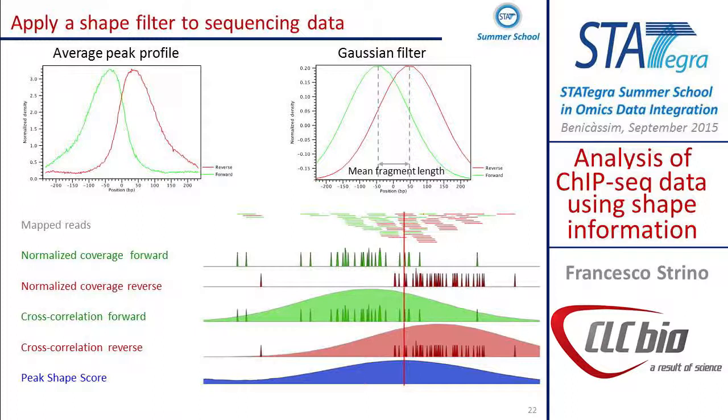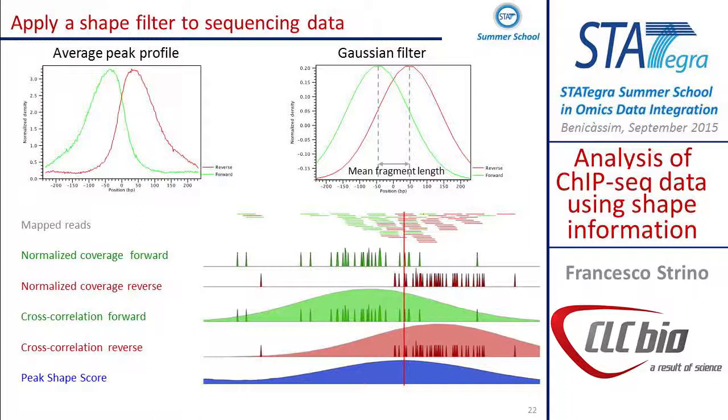You just see how wide it is. And the way you apply it is basically the cross correlation thing that we were looking at from before. So you take all the reads, you look at the starting position. If the read is mapping forward, then you have a little spike in green. If it's mapping in the reverse strand, we have a little spike in the red.